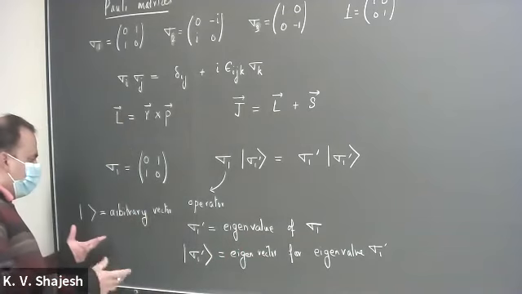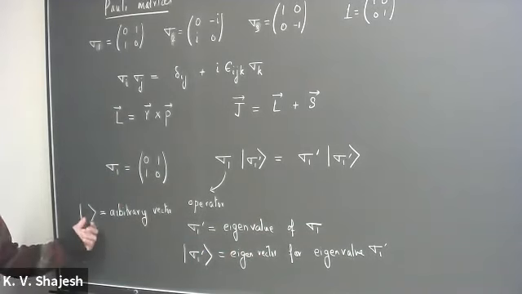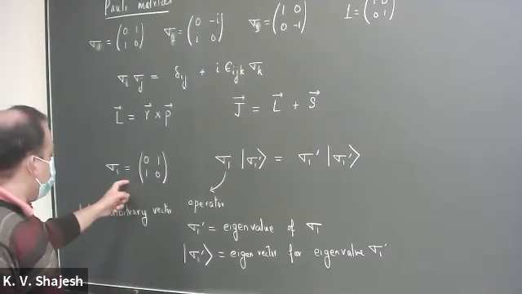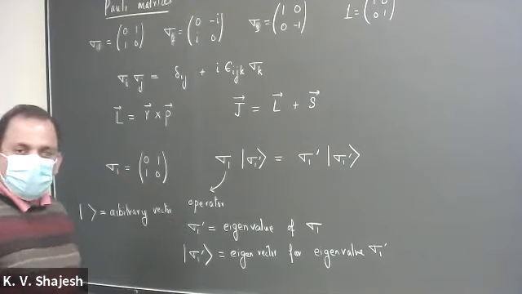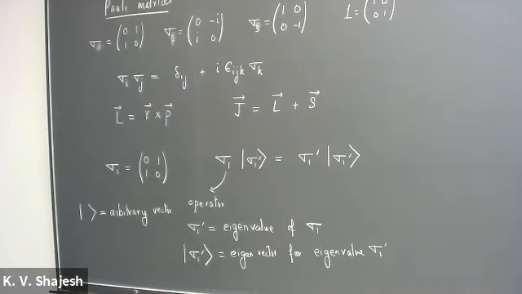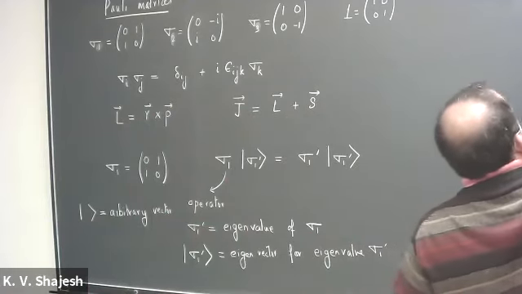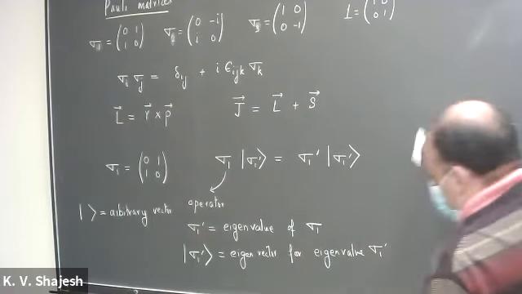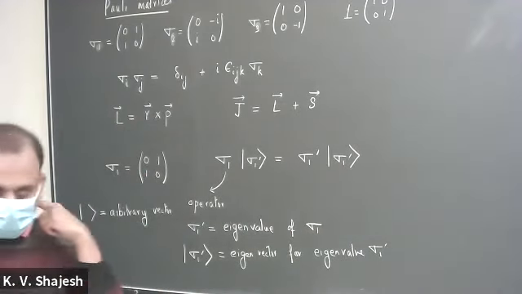So out of all possible vectors, this is an arbitrary vector. Like when we say R, for example, vector R is an arbitrary vector in the position space. Okay. We would like to find these quantities, sigma 1 prime and the eigenvector associated with sigma 1 prime. So let's do that. And then we'll come back to the notations and how to proceed from there.